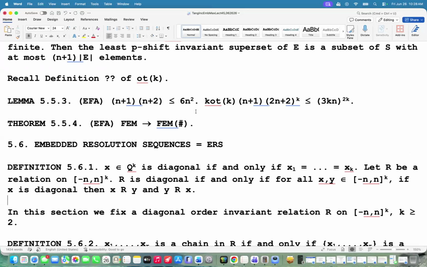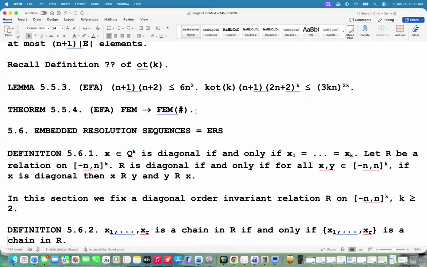How do I get 3kn to the 2k? I fiddled around and decided that this is the right expression for this. This is not what I really mean. I mean that these are all equivalent.